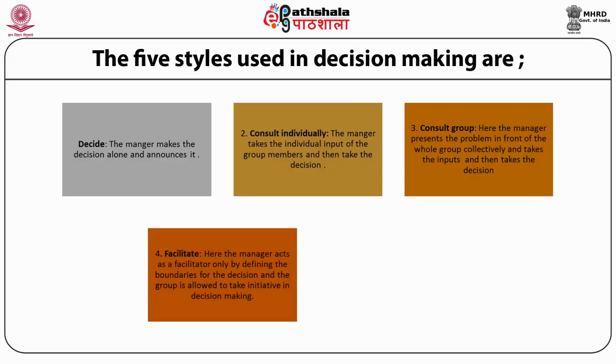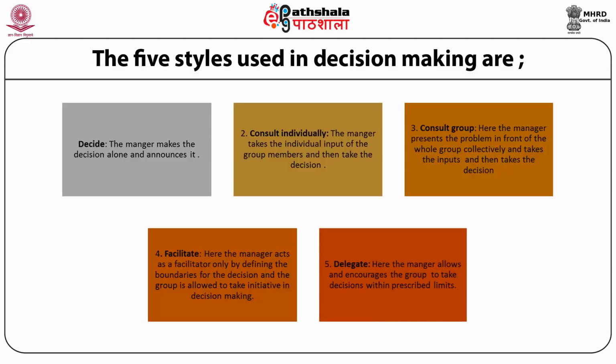Here the manager acts as a facilitator only by defining the boundaries for the decision, and the group is allowed to take initiative in decision making. 5th, delegate. Here the manager allows and encourages the group to take decisions within prescribed limits.